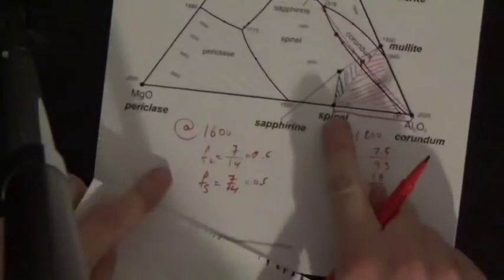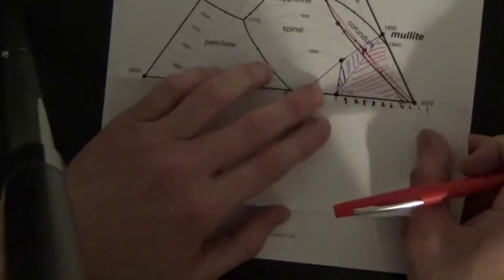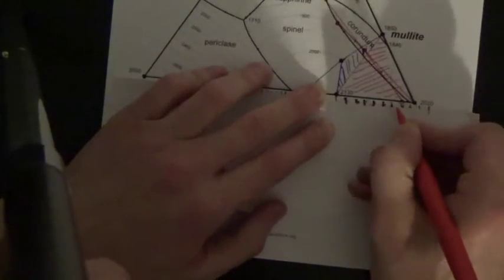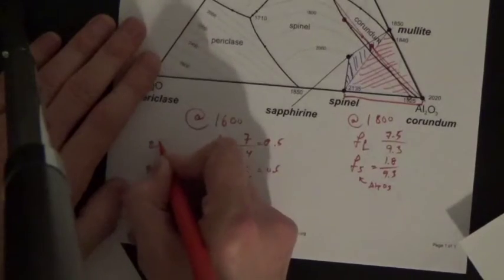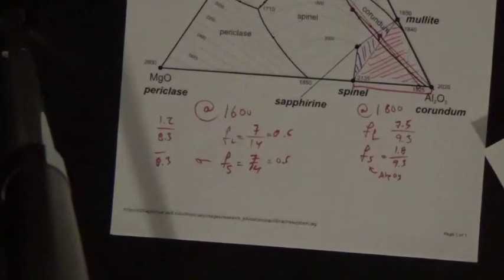And then we talk about the solid. The solid can be broken into corundum and spinel. Total length is 1, 2, 3, 4, 5, 6, 7, 8, 8.3. And spinel is going to be around 1.2 divided by 8.3.